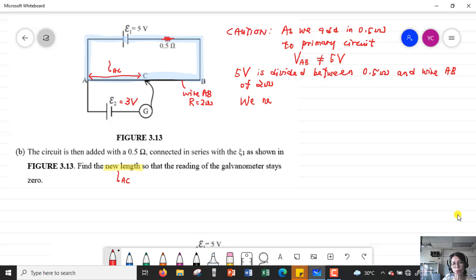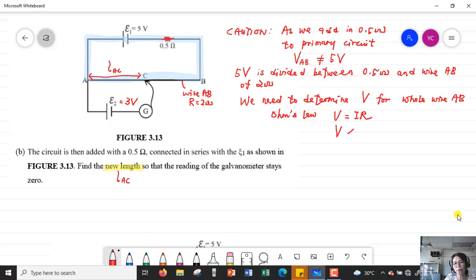So we need to determine the V for the whole wire AB. Okay, the whole wire AB. So sekali lagi kita akan apply Ohm's law. V equal to IR.